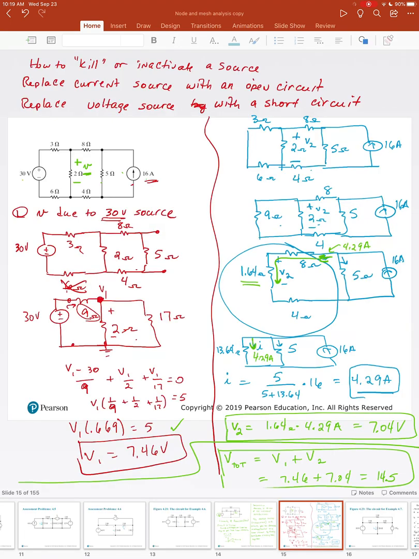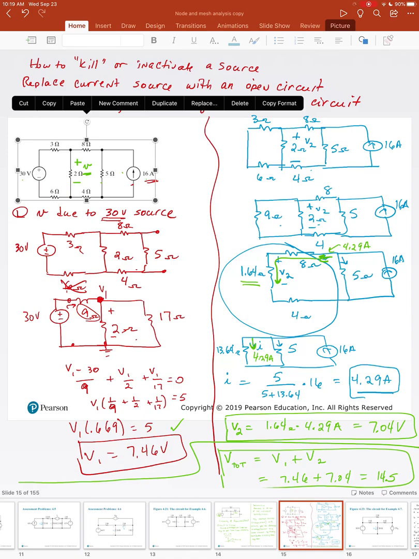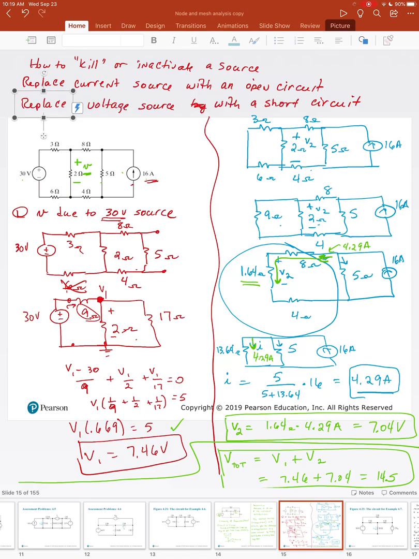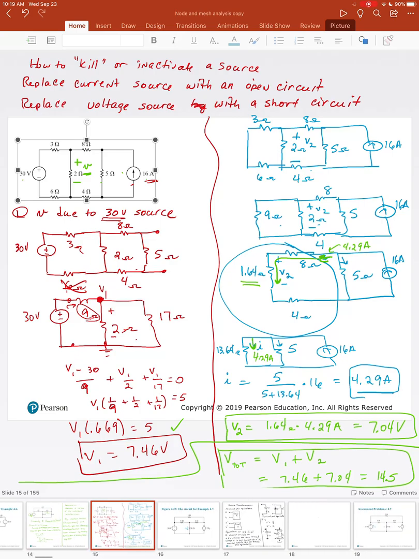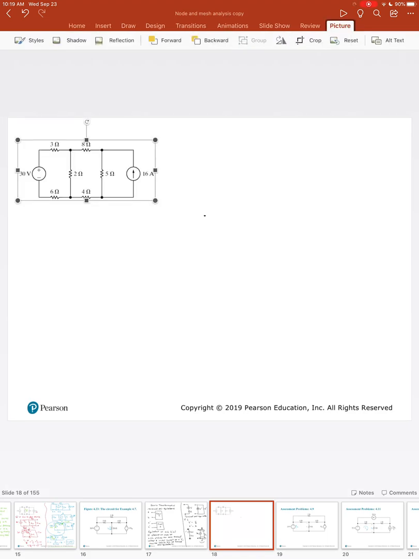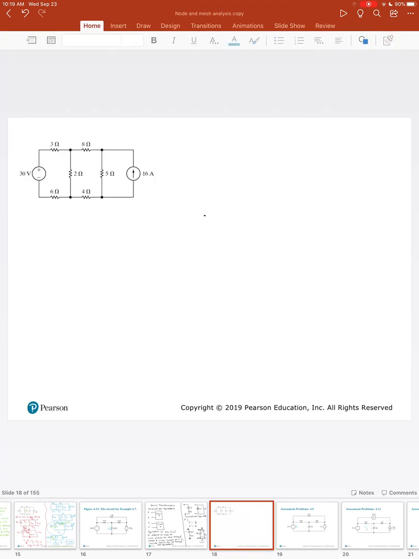Where was that? Yeah, this is the one I want. Sorry, my pen is in too close of a proximity, so let me copy that, and then we'll paste. It's not wanting to do the paste. There we go.